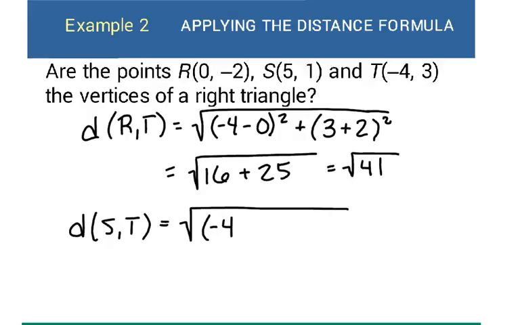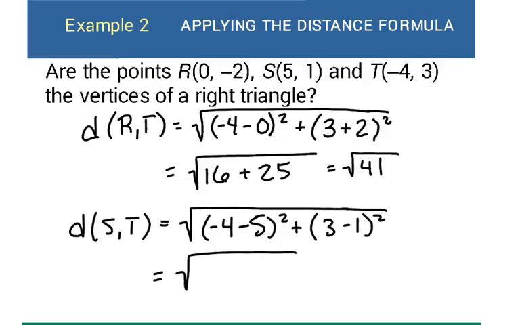So -4 minus 5, that's squared, plus 3 minus 1 squared. So -4 minus 5, that's 9 squared, 81, and plus 4 equals the square root of 85.